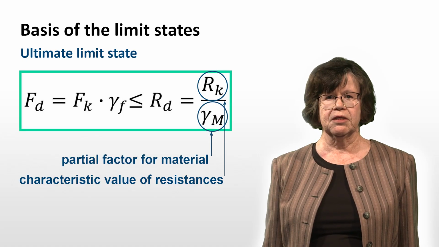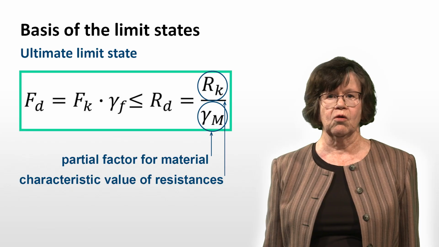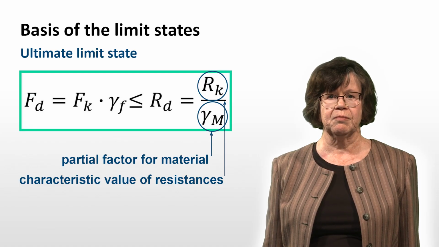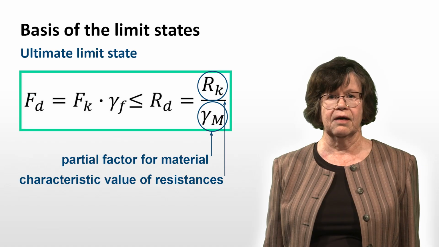In the ultimate limit states, it must be proved that the largest design load effect that occurs with given probability is less than the smallest design capacity of the structure element, which is expected with the required probability. The provisions of EN 1990 and EN 1991 may be used to determine the loads and their combinations.